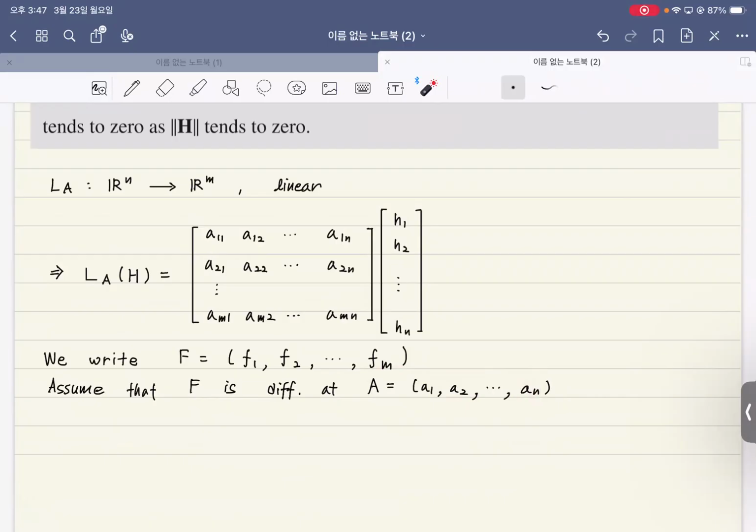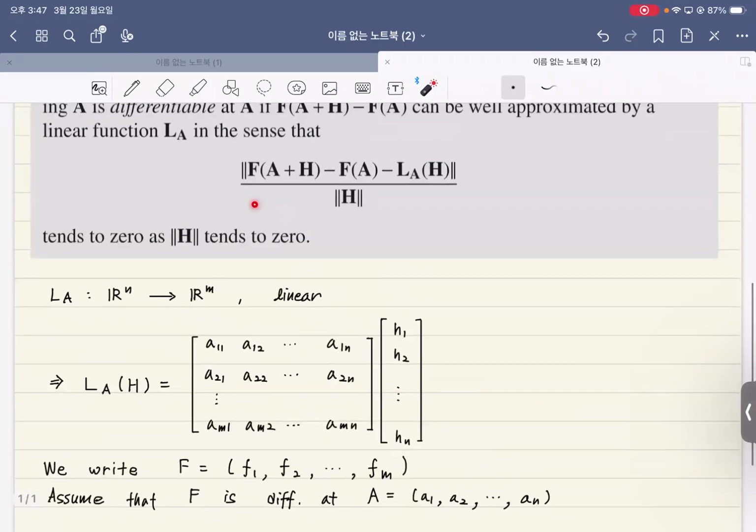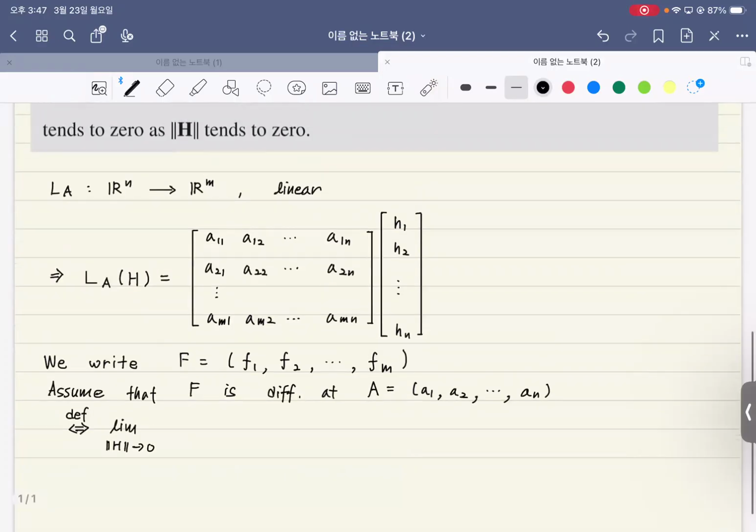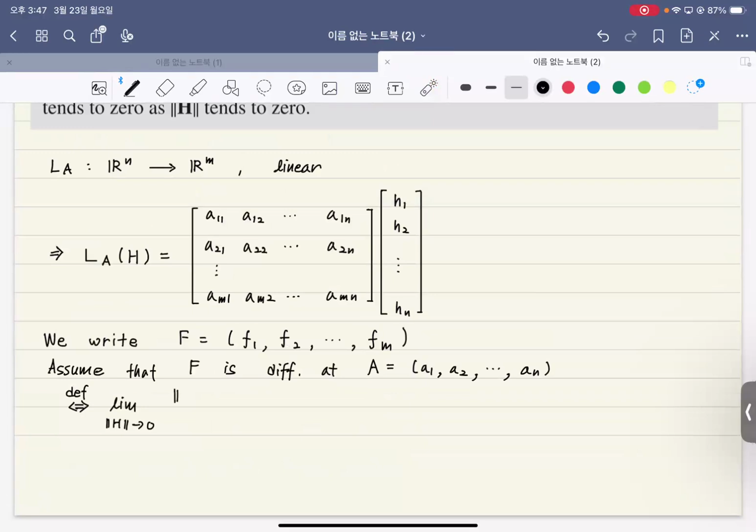And f is differentiable means, by definition, that f of a plus h minus f of a minus L_a of h, and so on.